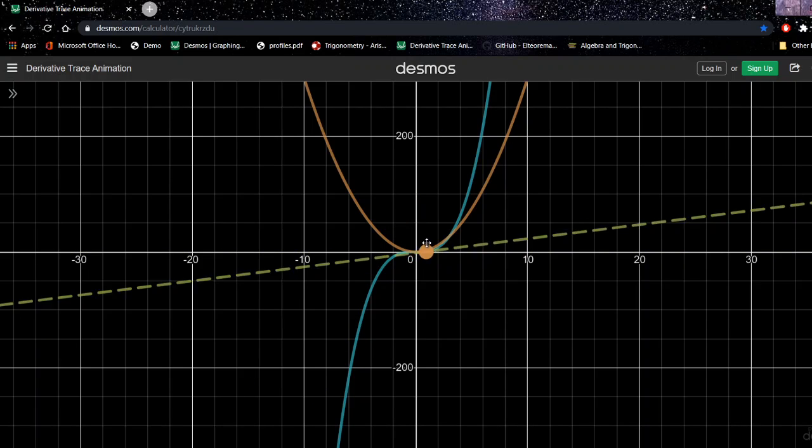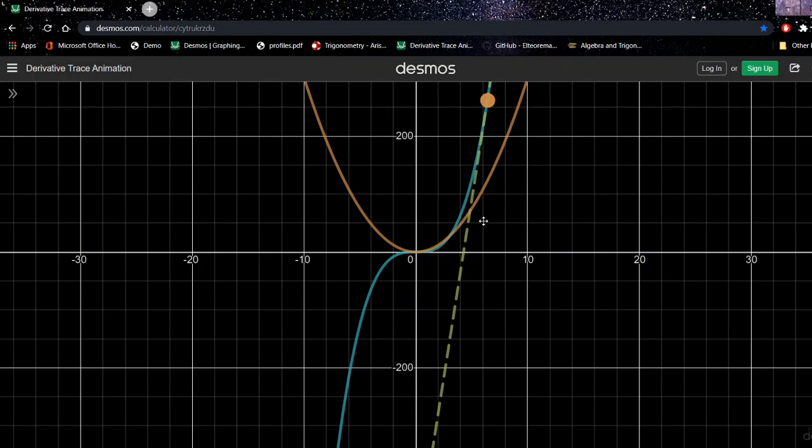As the slope increases, do you see the orange line going up? When it comes to 0, the slope becomes 0 because the tangent becomes a horizontal line. Do you get it? I know you might not understand everything I'm showing in this graph, but I think you might get an idea of what is happening.